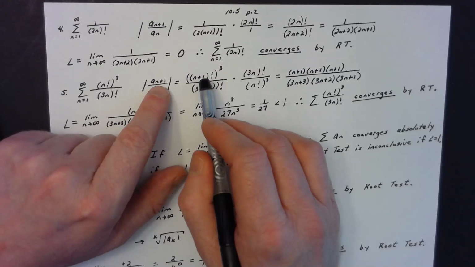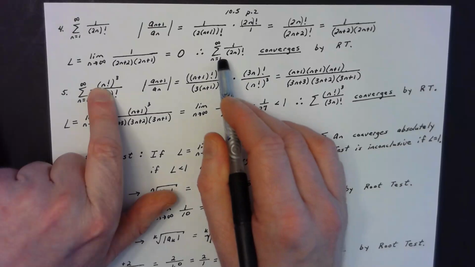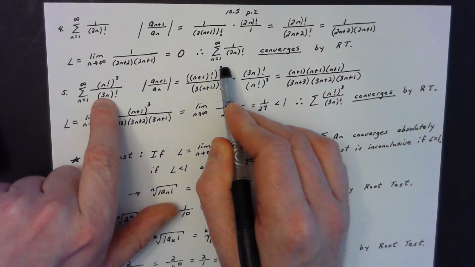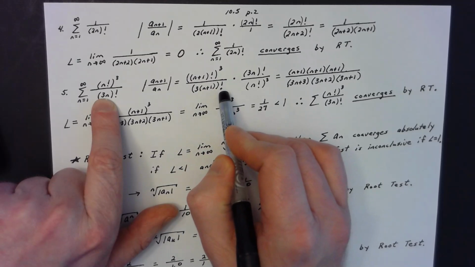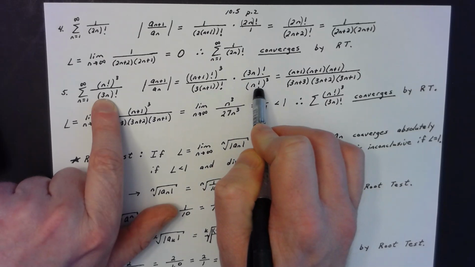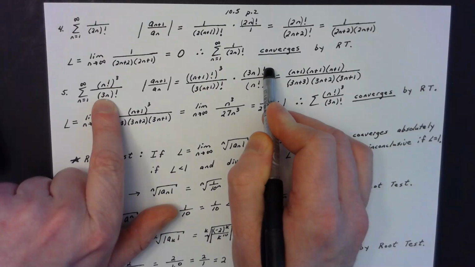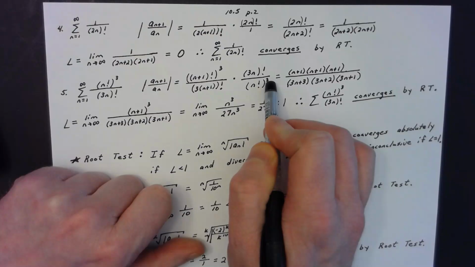And I just say, okay, the a sub n plus first term is going to be n plus 1 factorial cubed over 3 times the group n plus 1, all of that group factorial. We're multiplying by the reciprocal of a sub n, so the 3n group factorial goes in the numerator, the n factorial quantity cubed goes in the denominator.